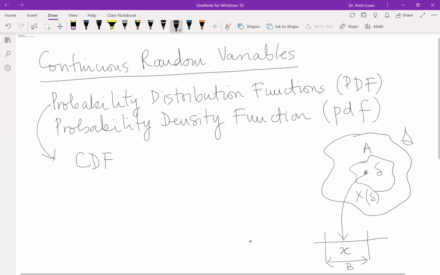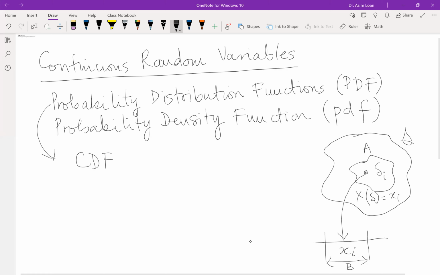So you find the deltas which are associated with this interval. When the sample space is uncountably infinite, then you have the continuous random variable.